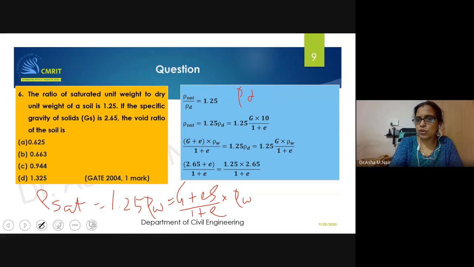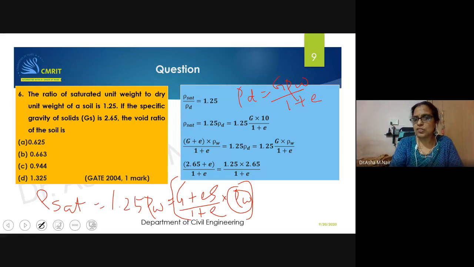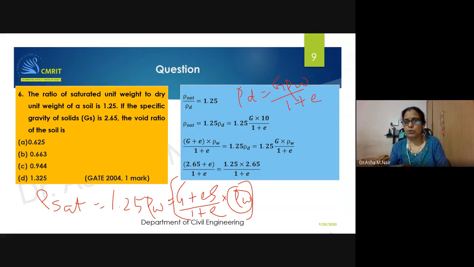When I use this expression, my rho w should cancel; that is the reason why I am going to use it. So rho sat is equal to 1.25 times G into 10, because I am taking the unit weight of water as 10. It doesn't matter whether I take it as 10 or rho w, as I did in the step below, divided by 1 plus e.